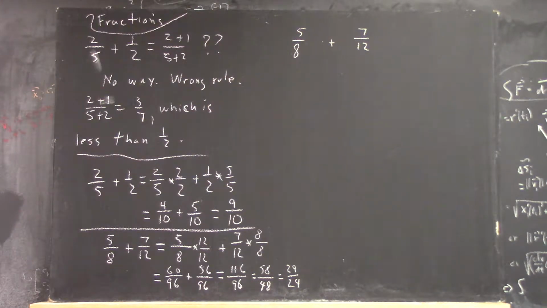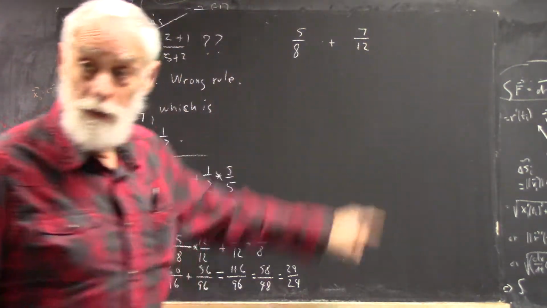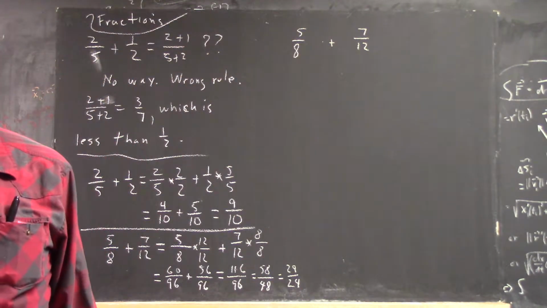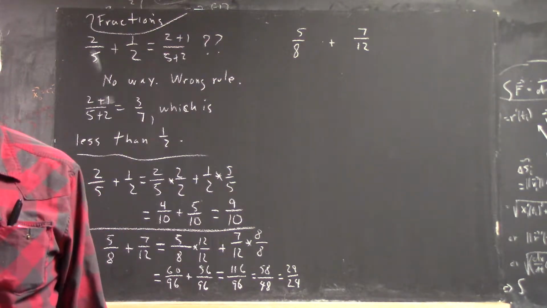No, that's not a multiple, that's a divisor. 4. No, it's not a multiple. A multiple, like 96 is a multiple of both numbers. There's something you can multiply 8 by to get 96, and there's something you can multiply 12 by to get 96. 24. 24, right? That'd be your least common denominator.